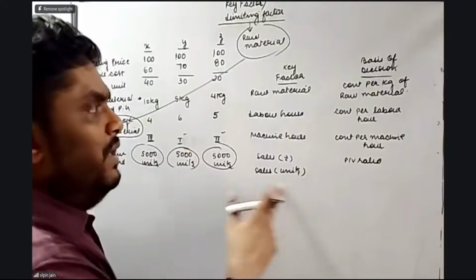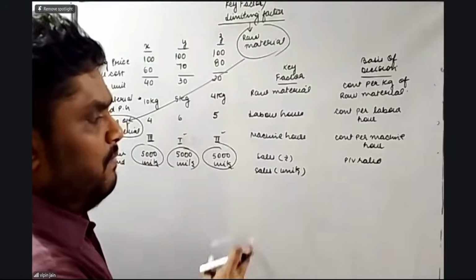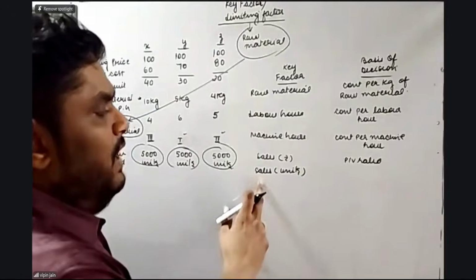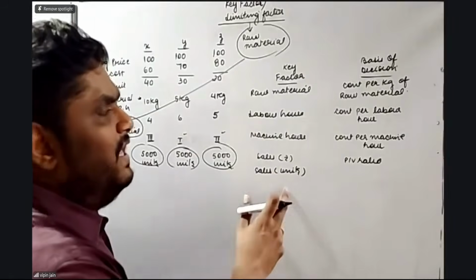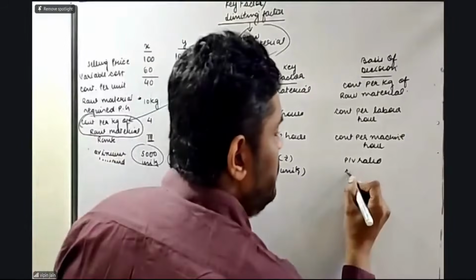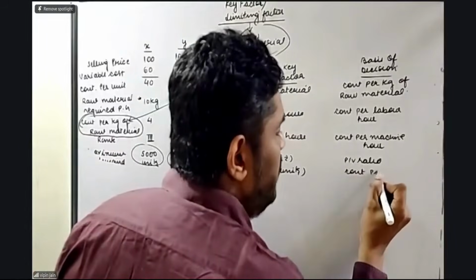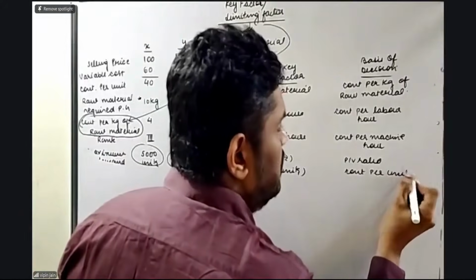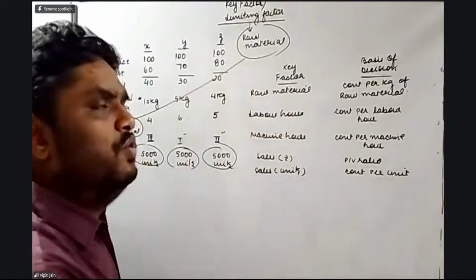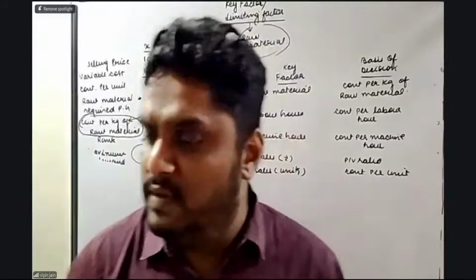If sales in units is my key factor, my decision will be based on contribution per unit. The product with the highest contribution per unit will be manufactured first.